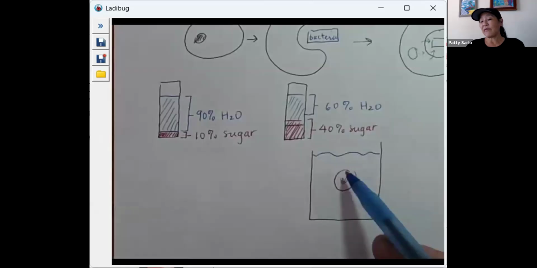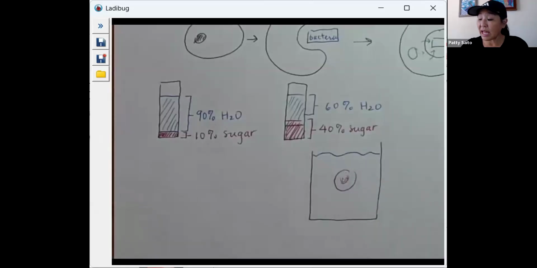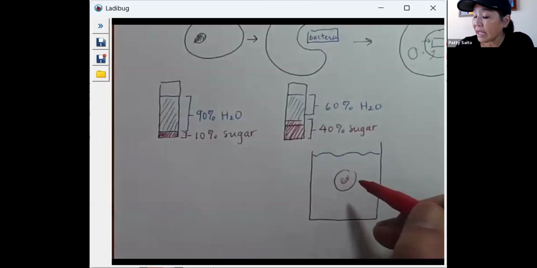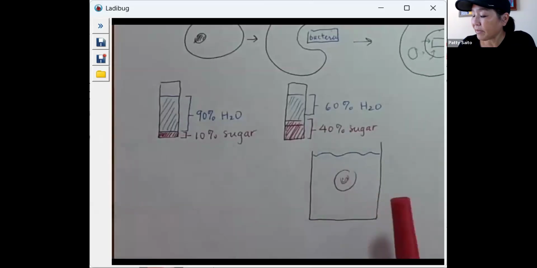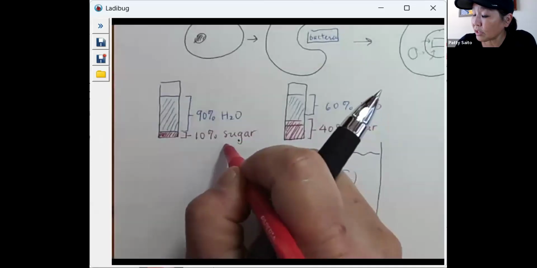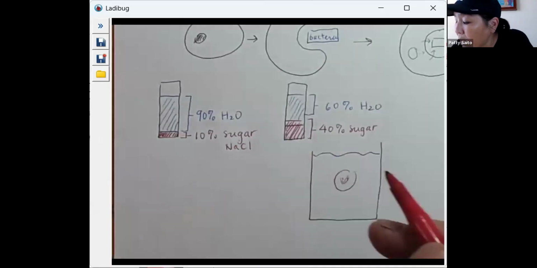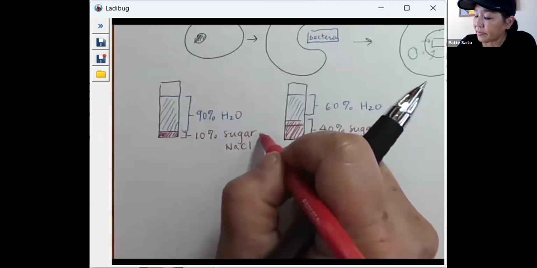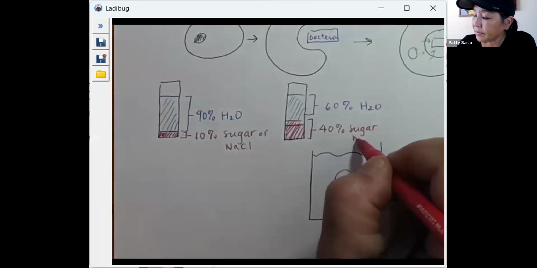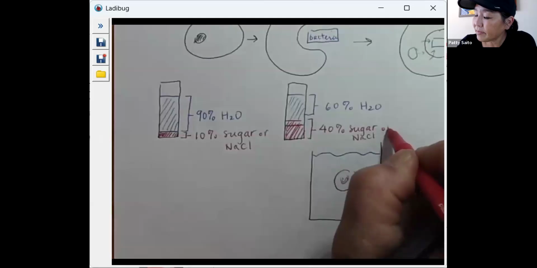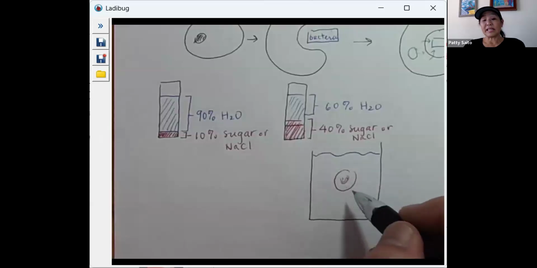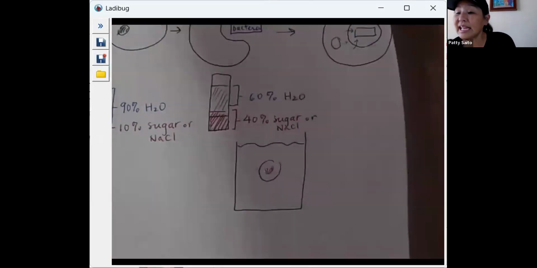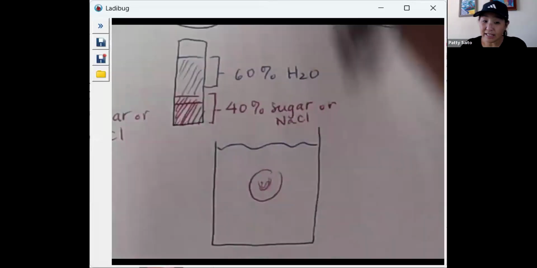Now we have our red blood cell. I will tell you that inside the red blood cell, oh, I should have made this salt. It's sugar or salt, NaCl is salt, but the concept is the same. Inside red blood cells, I mentioned that it is a little salty.